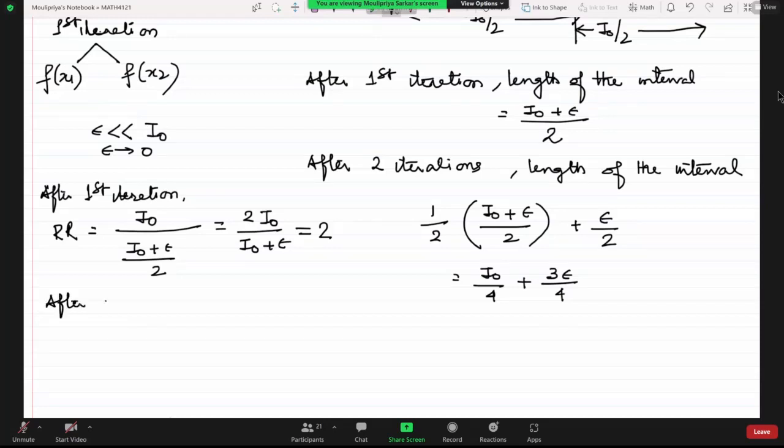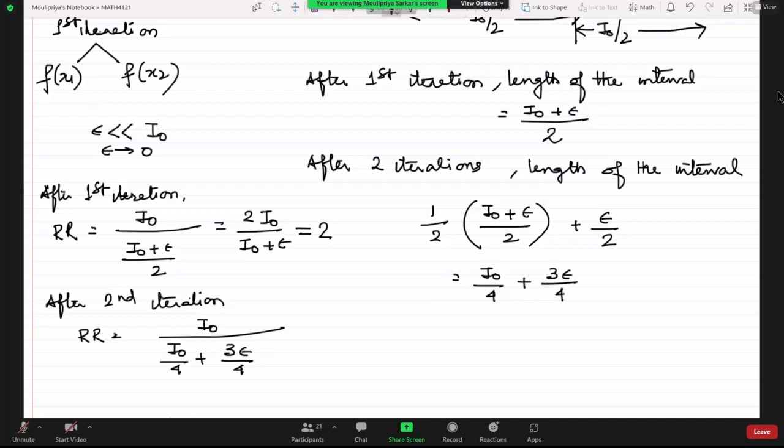After the second iteration, what about the reduction ratio? It was initially I0 divided by I0 by 4 plus 3 epsilon by 4.